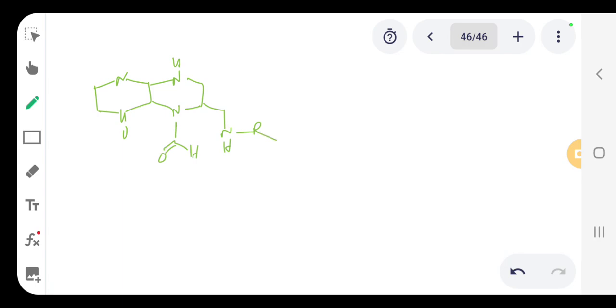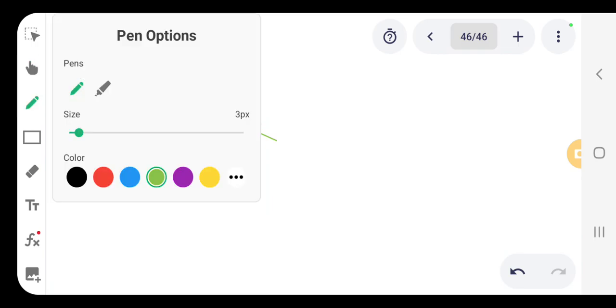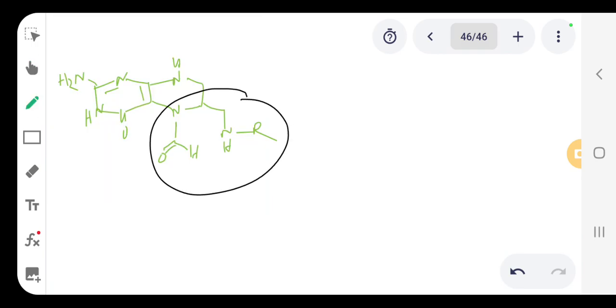NH, R, the NH2 and NH. Okay, so this is it. So again the changing part is the same, this part. Okay, going to the next one.